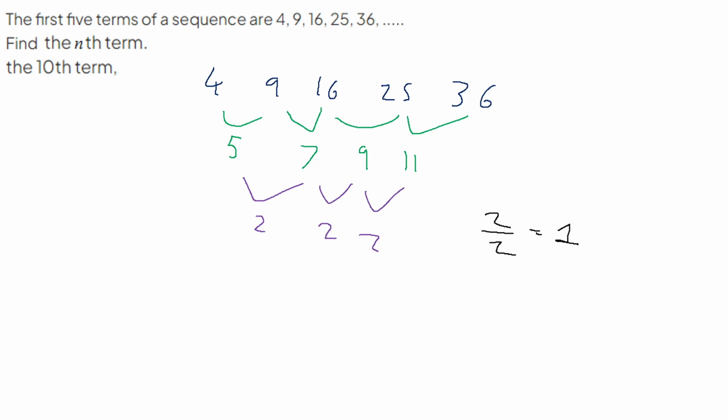So this term has an n squared term. Just like last time, we're going to subtract n squared from our original. So we're left with 4, 9, 16, 25, and 36.